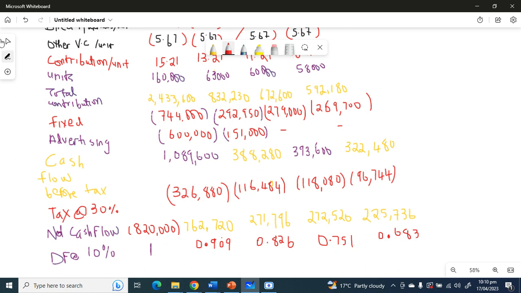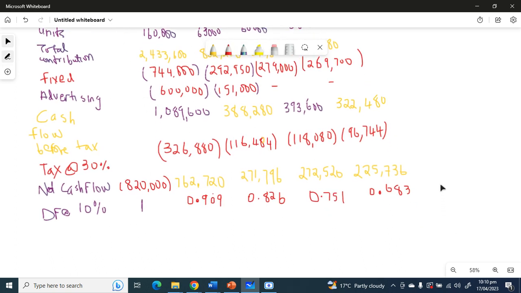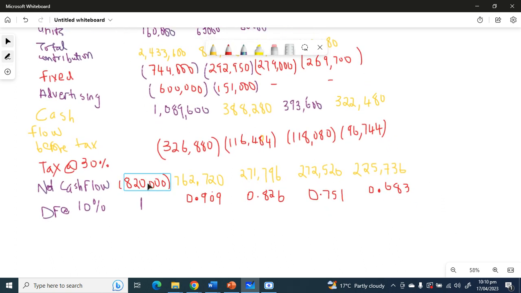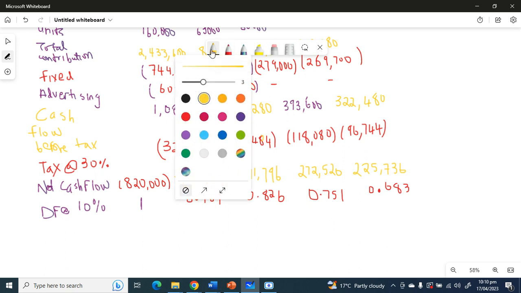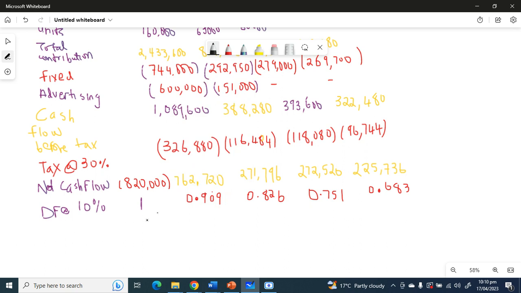So now we can tabulate our present values. To get our present values, multiply the cash flow by the discount factor. So we're going to say up here, PV, present values. So for the net present value, if after you tabulate the present values it gives you a negative value, then the project is not worth it.